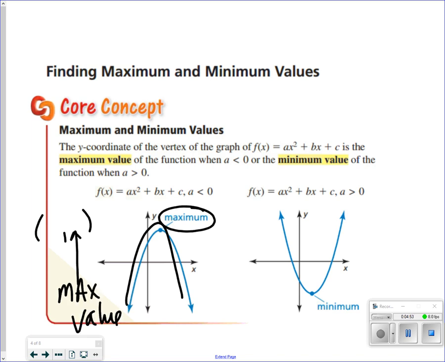So the vertex basically tells me a lot about the parabola in that it gives me the maximum value, it gives me the axis of symmetry, it helps me find the range. So if the parabola goes upward, it's got a minimum, and then when you find the vertex, that is the minimum value. So the y value of the vertex will be the minimum value.